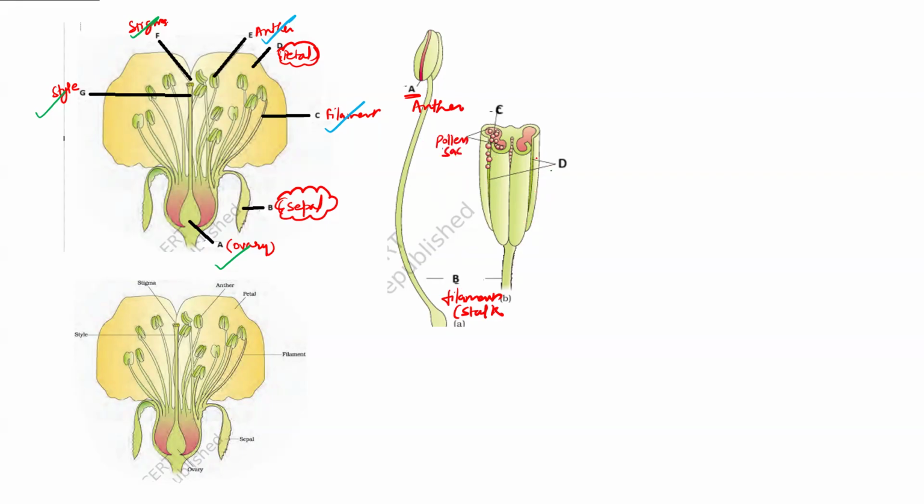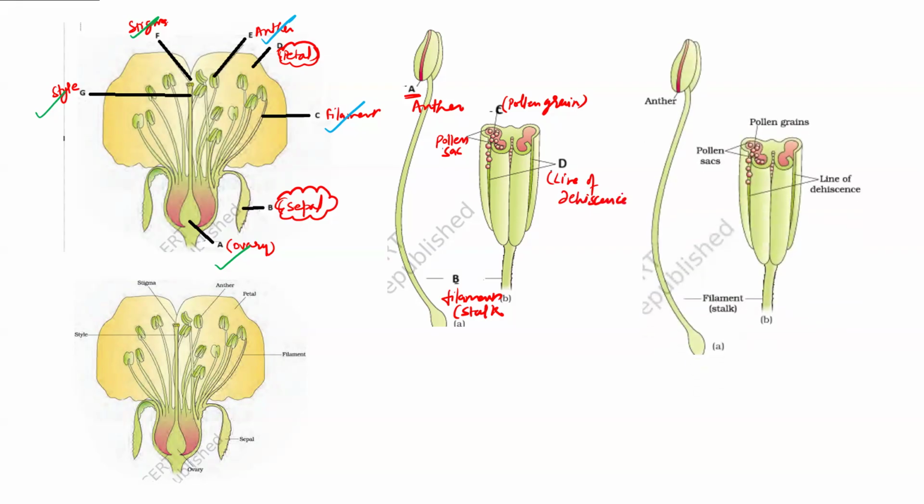Dithecous: 2 anther lobes, each lobe with 2 pollen sacs, total 4 pollen sacs, and they are filled with pollen grains. And this is the line of dehiscence from where the anther will rupture to release the pollen grains. Clear? This is the labeling which I have explained here.